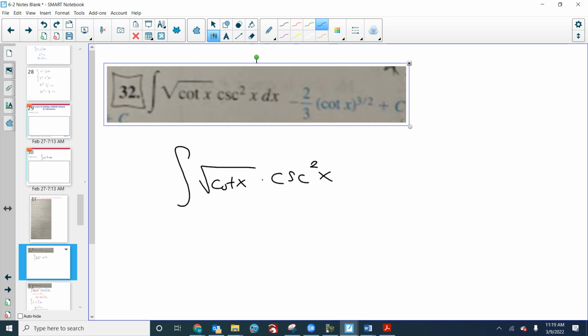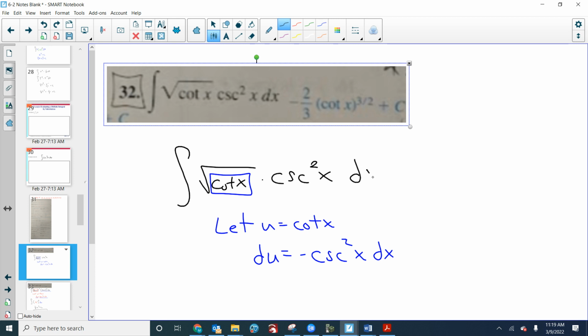Probably cotangent. Yeah, probably. du is negative cosecant squared x dx. Do I have a negative cosecant squared x dx? No, I have a cosecant squared x dx. So take this -1, multiply it on both sides.